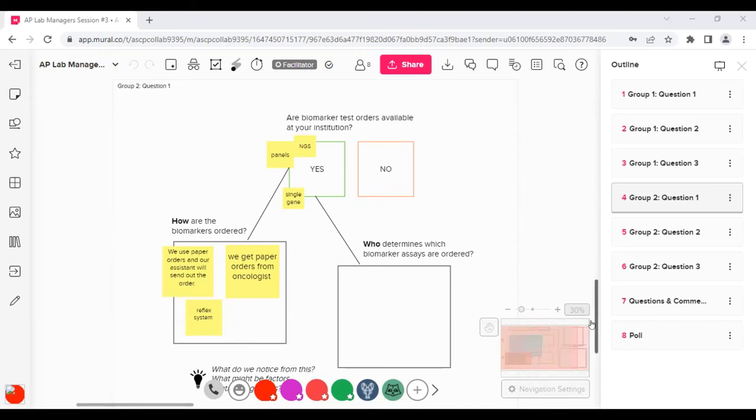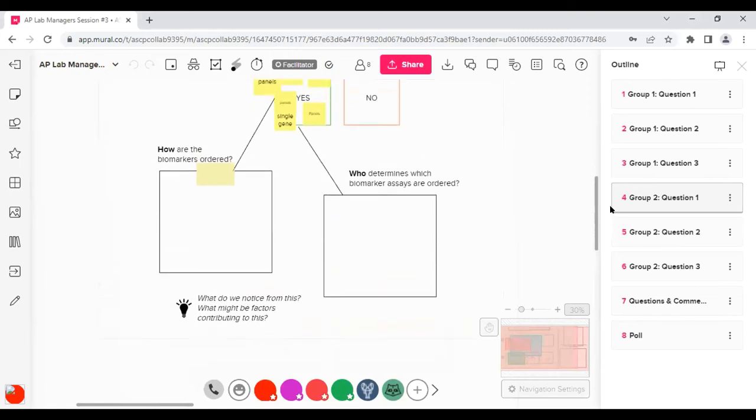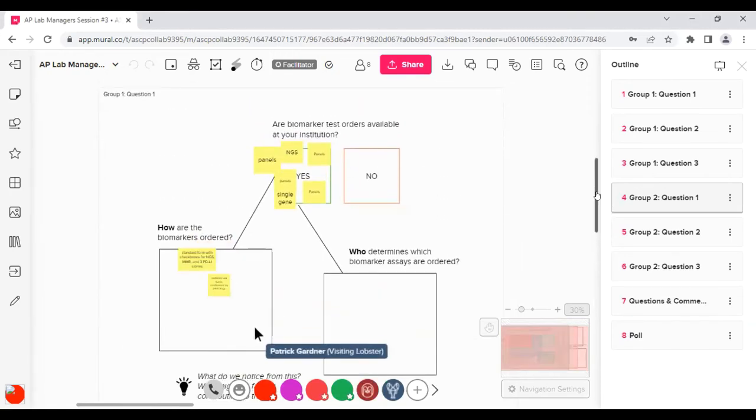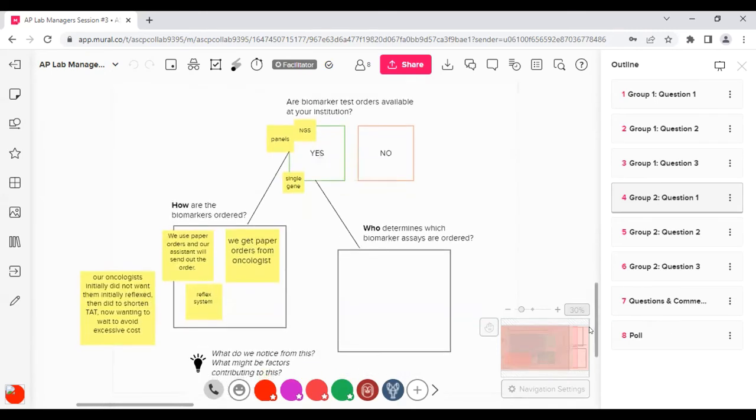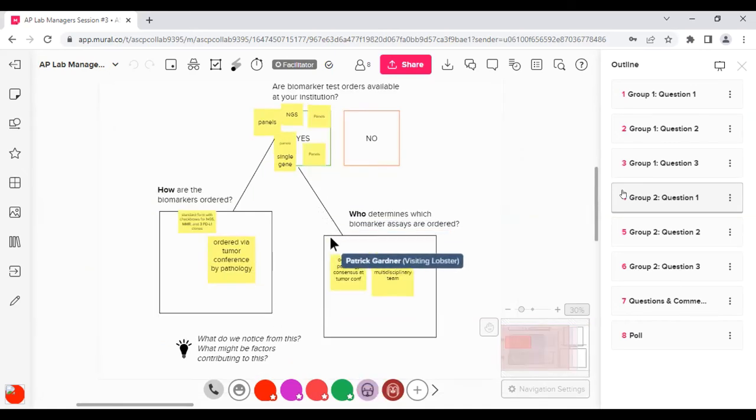Paper orders, reflex testing. Who's determining the biomarker assays that are ordered?